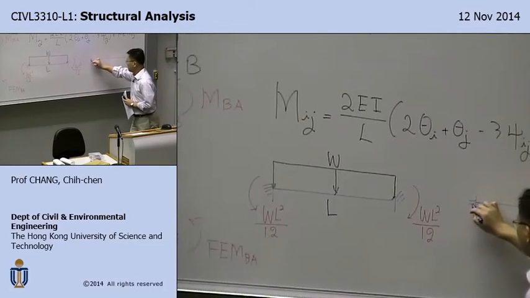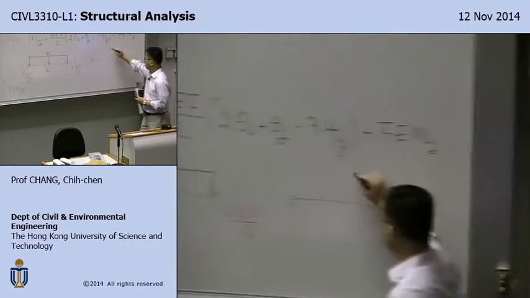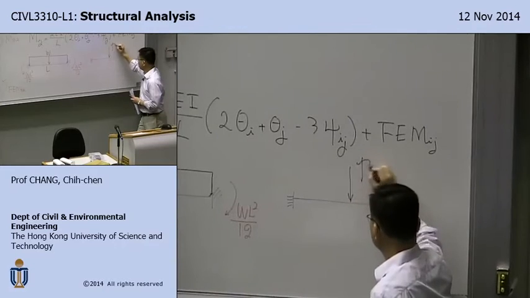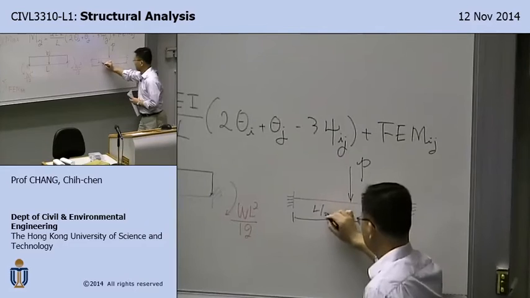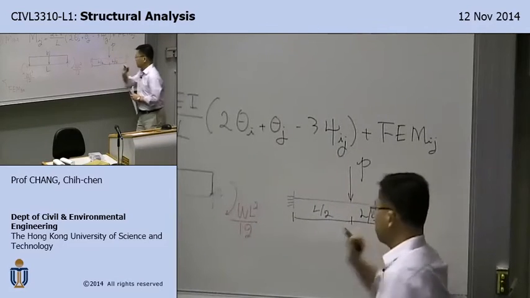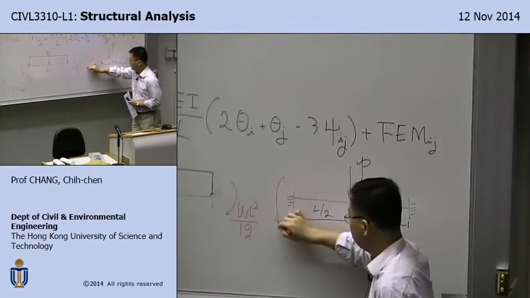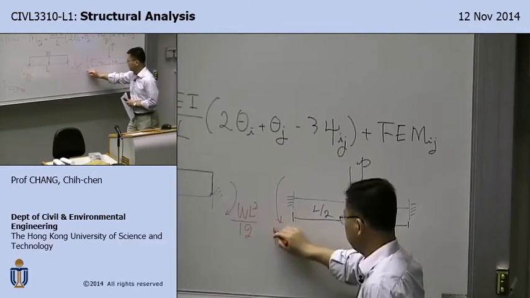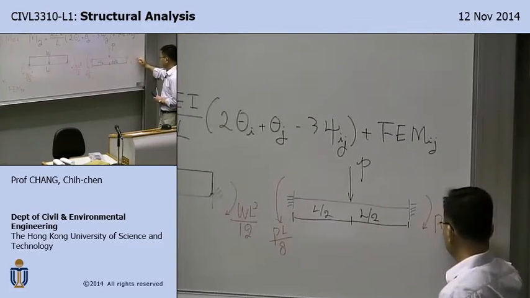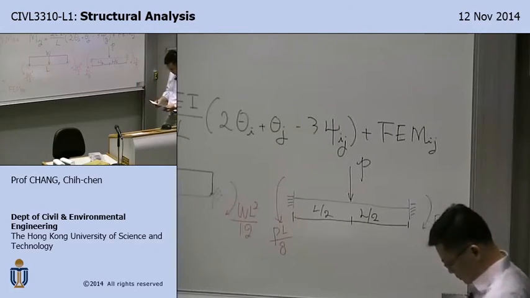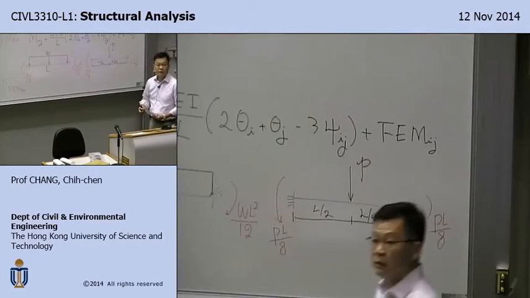The other is a concentrated force at the midspan. So if I have a concentrated force at the midspan, then the end moments here are PL over 8. So these are the two cases I wish you to memorize.